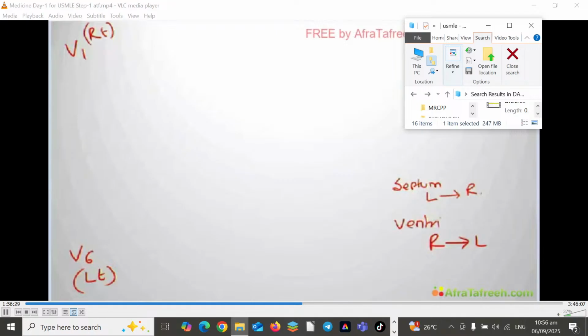Now, forget about the P waves. When we were talking about the money principle, anything that comes to the lead is positive. Anything that goes away from the lead would be a negative deflection. When you're talking about lead V1, the electricity starts flowing right at the Purkinje level.